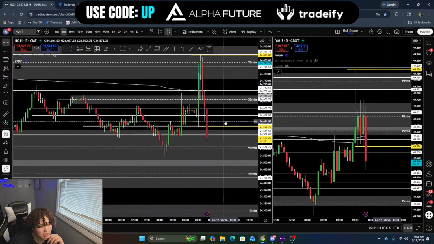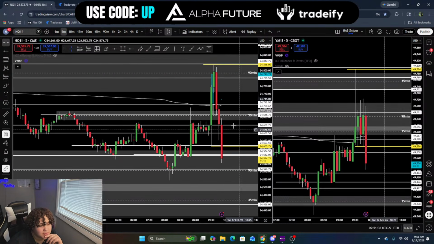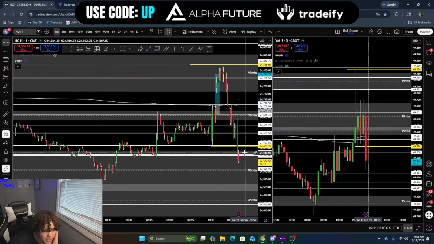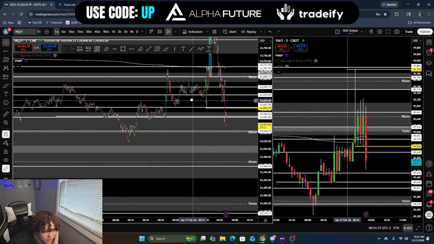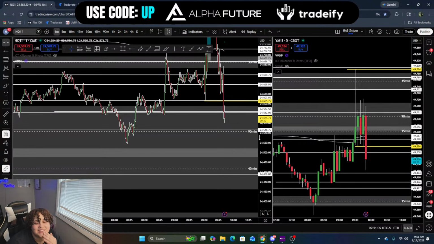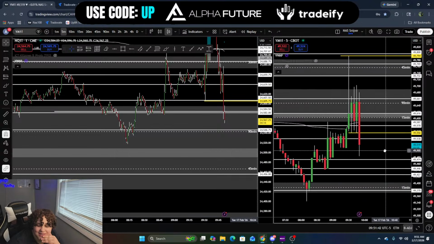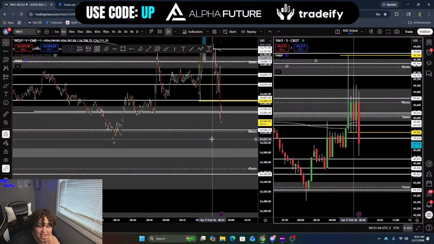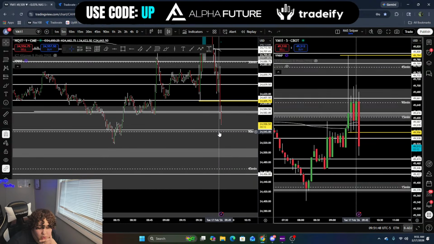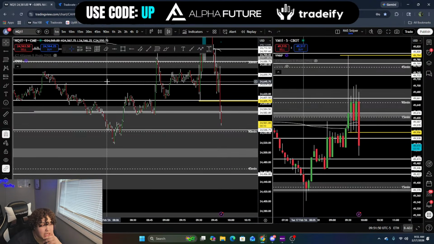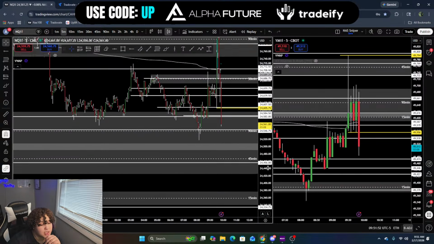Well, it's breaking the opening range on the 1 minute time frame. It's definitely moving down. Like I said, I think if it gets below the 520s or even 540, it could be a really good short.